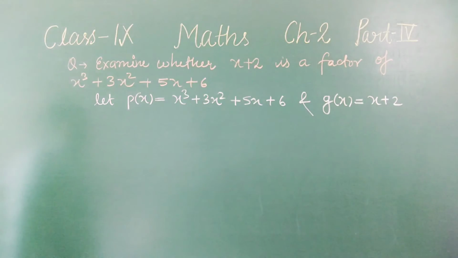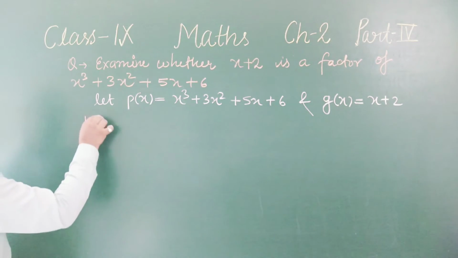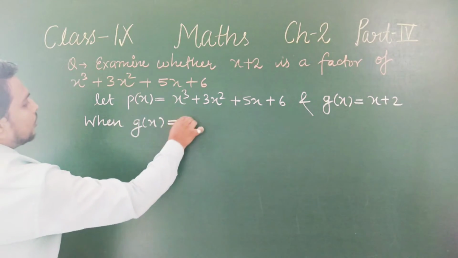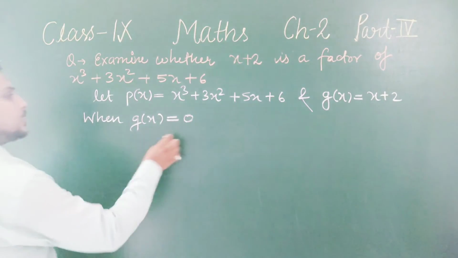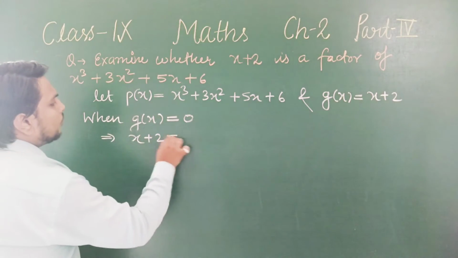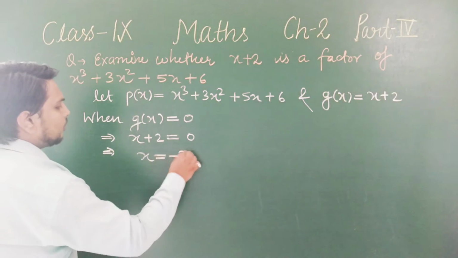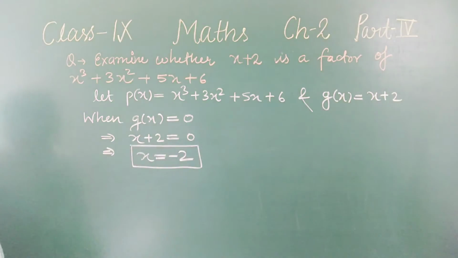So how do we find the remainder? We write that when g(x) is equal to 0, it means x plus 2 is equal to 0, and hence the value of x is minus 2.